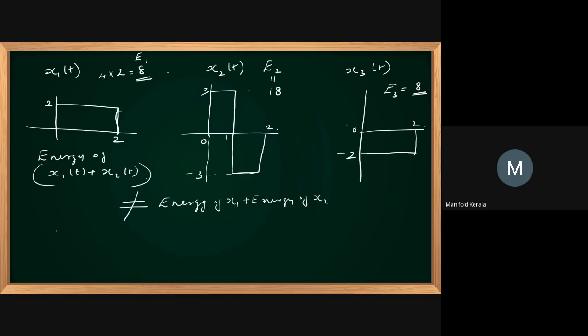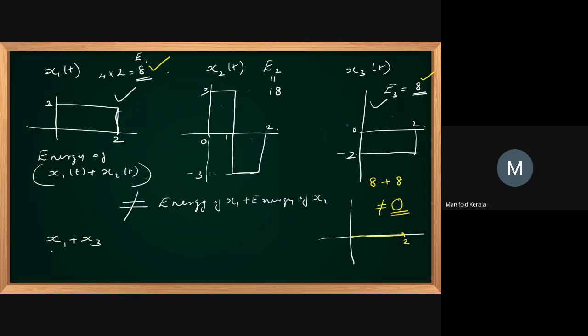For example, if I consider the case where I add up H1 and H3, the net result will be plus 2 and minus 2 added. So the net result is actually 0, correct? So what is the energy of the new signal? The energy is actually 0, which is not equal to 8 plus 8. The first energy is 8, the second energy is 8, and 8 plus 8 is not equal to 0, right?